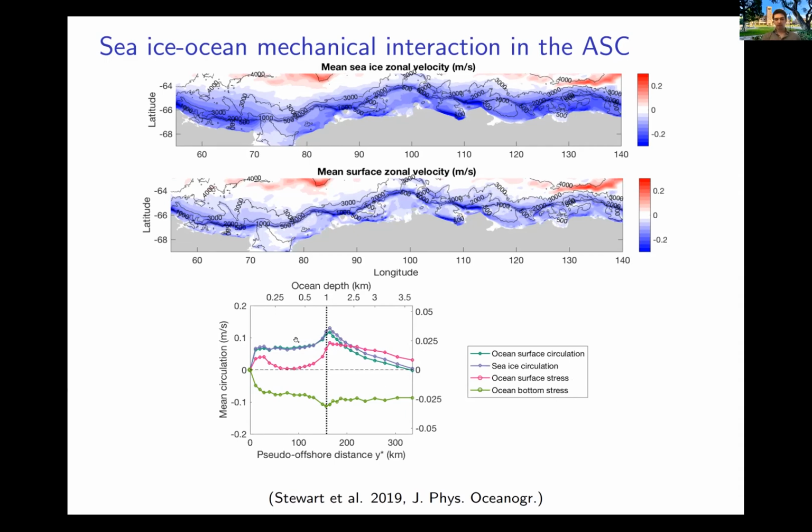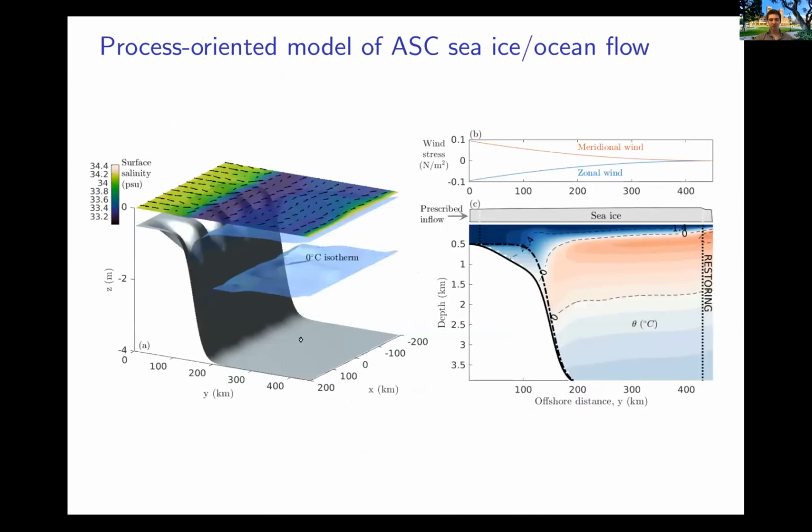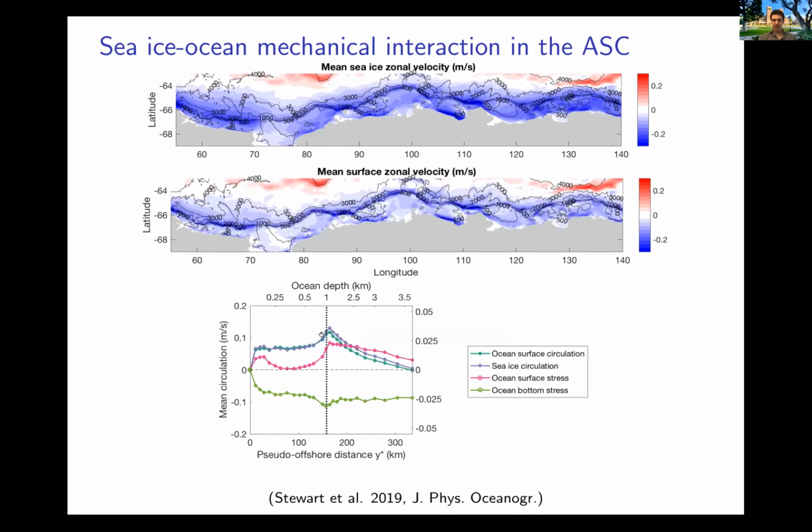And we're showing in the purple and turquoise curves the average speed of the ocean and sea ice, and just shoreward of the shelf break, which is around about this location here, we find that the ocean and sea ice speeds match, as you have taken from the previous figures. And as a result, the ocean-ice stress, which is the pink curve here, vanishes. So over the continental slope, the ice feels no stress. The ice-ocean stress goes to 0.